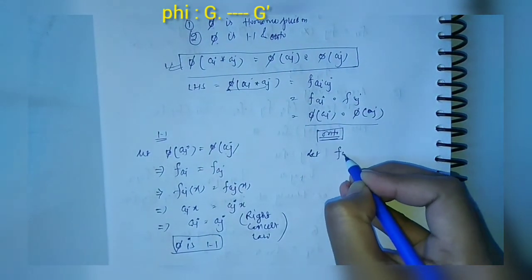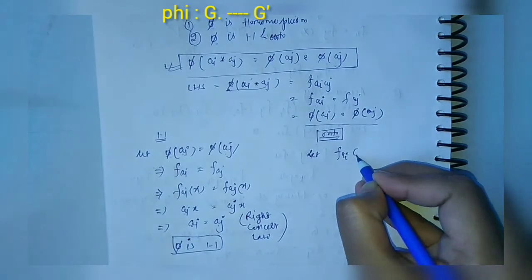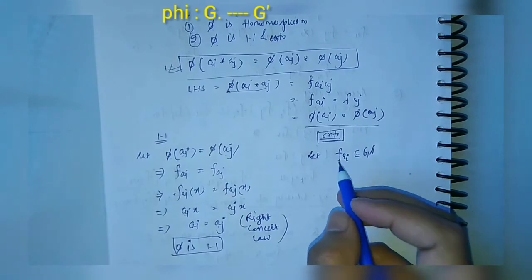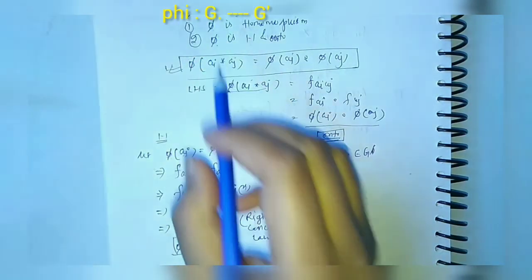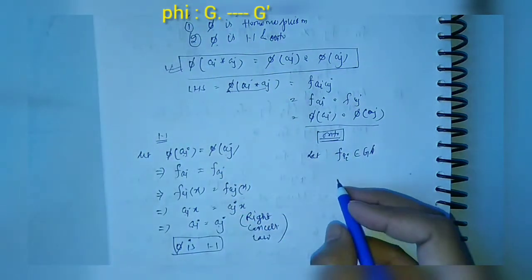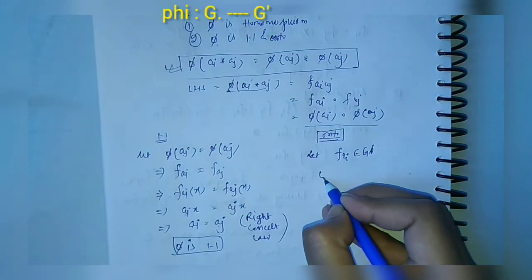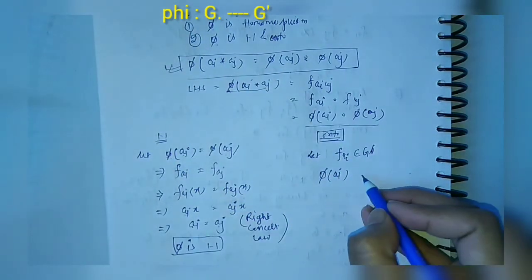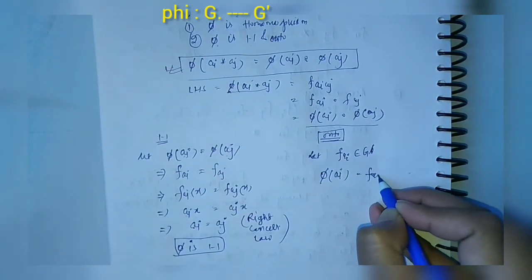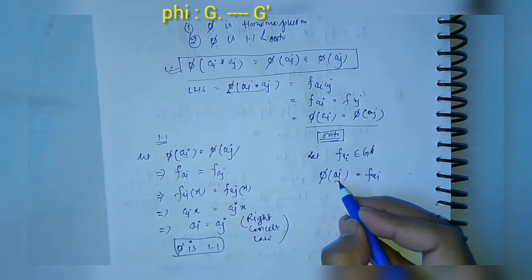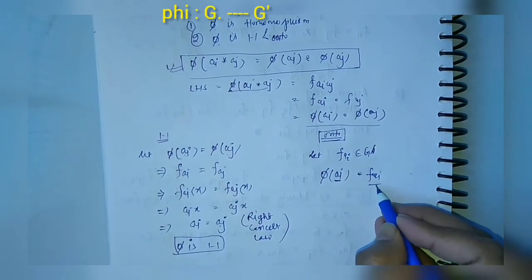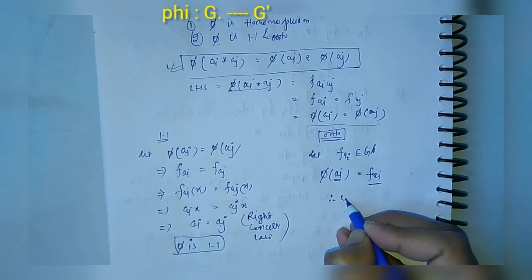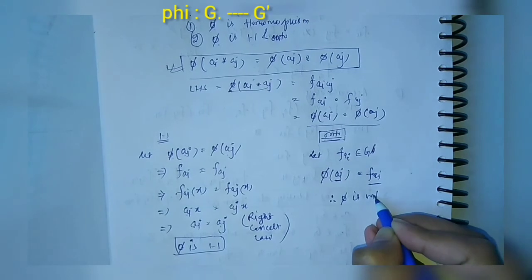Let f(ai) be any arbitrary element from the group G dash, then we have to find the pre-image for this element in the domain, that is in the group G. So phi(ai), where ai is the element from the domain, is equal to f(ai). So ai is the pre-image for this element in the domain. So phi is onto.